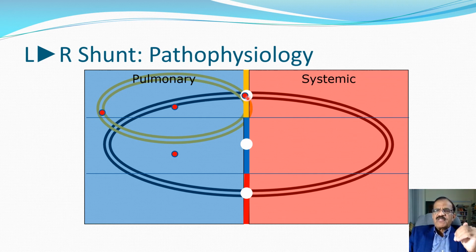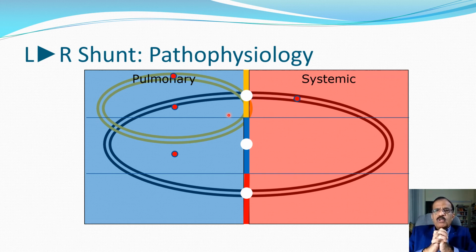Because the pressure on the left side is more than the pressure on the right side. So there will be shunting of blood from the left atrium to the right atrium, and from the right atrium it will go to the right ventricle, pulmonary artery, and lungs. So pulmonary circulation here is more than systemic circulation. How much more would depend upon the size of the shunt. It could be 2 times, 3 times, or 4 times.